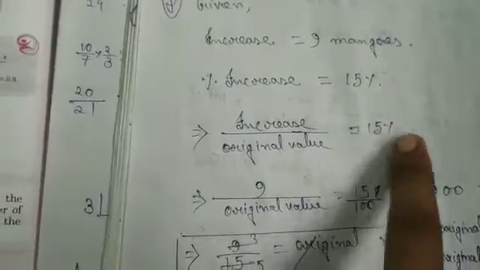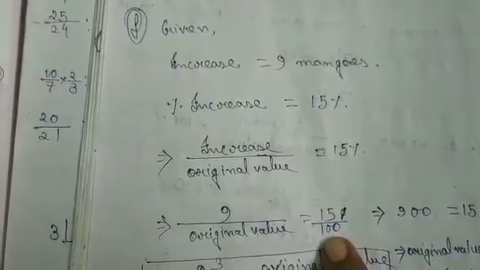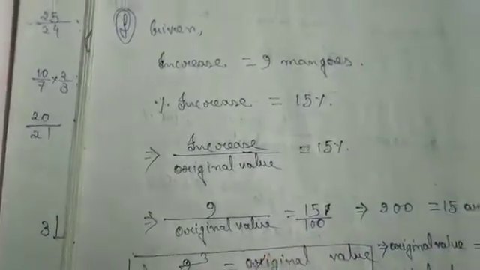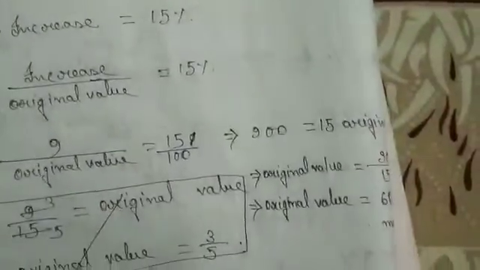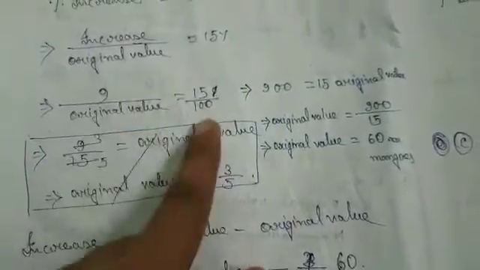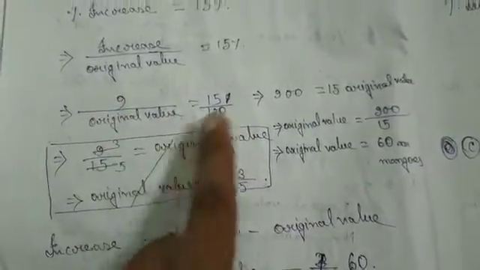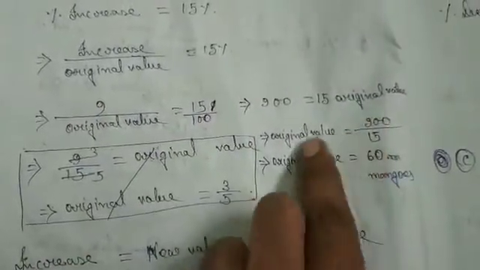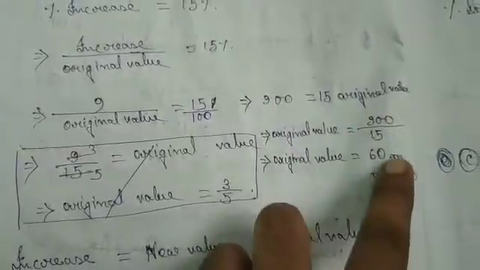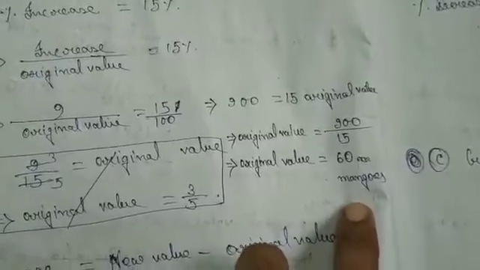Percent is equal to 15 by 100, no? Percent means 15 by 100. After calculation, you can cross multiply: 9 into 100 and original value into 15. So original value is equal to 900 by 15, which gives us 60 mangoes.